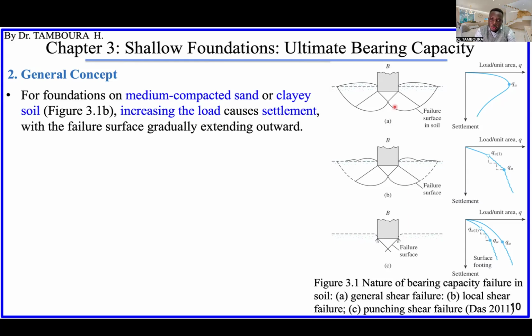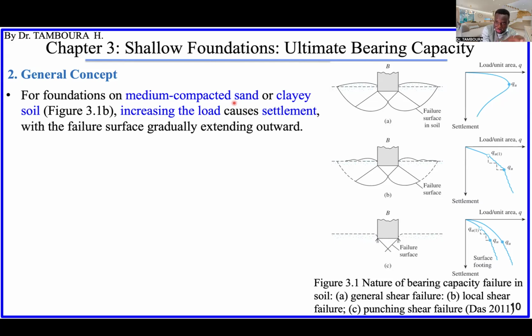Now, the previous case was in the case of dense sand and stiff cohesive soil, if you remember. Now, if we go to medium sand, medium compacted sand, it means our sand is not very dense. You have loose sand, medium sand, and dense sand, right?